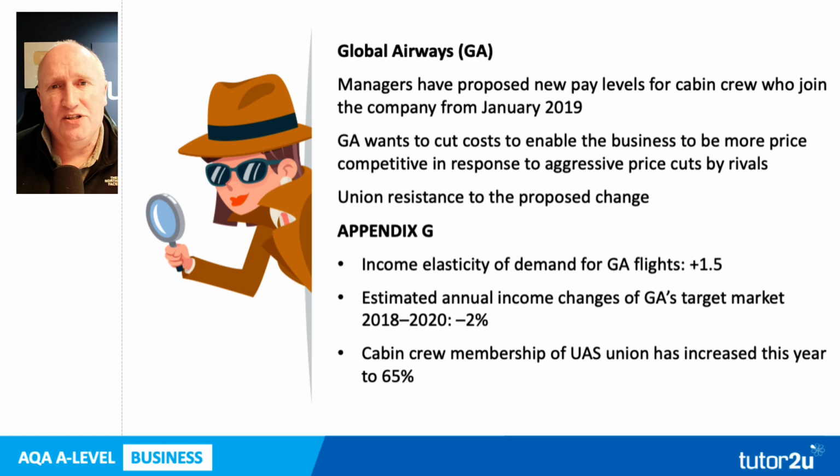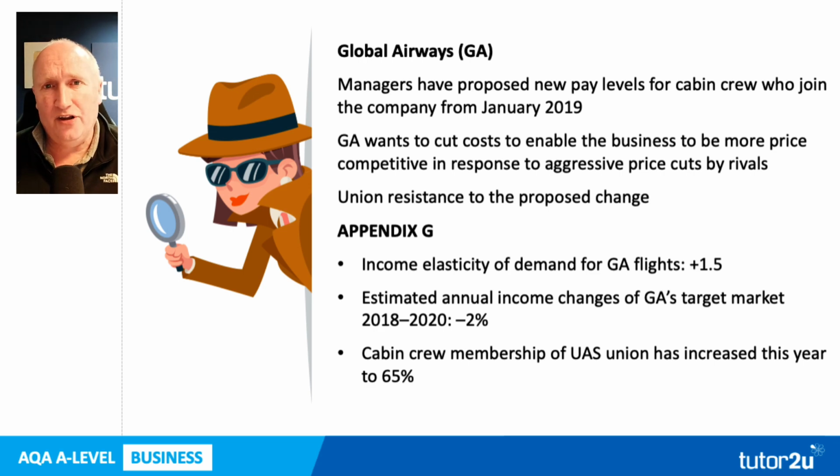Specifically, we were told some information about Appendix G that was referenced in the question, as we'll see in a second or two. We were told that the income elasticity of demand for GA's flights, or YED, was plus 1.5. So don't forget, with YED, we do take account of the plus or minus, so plus 1.5.